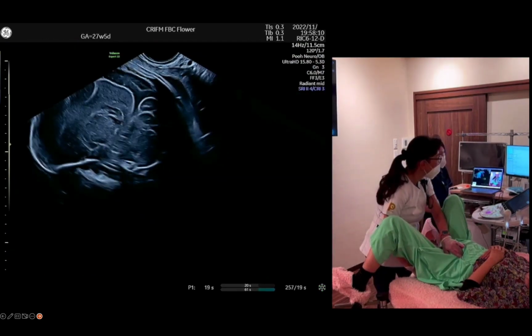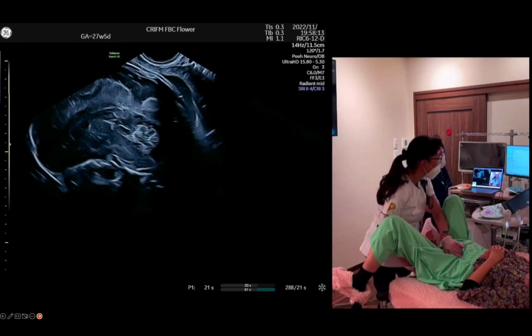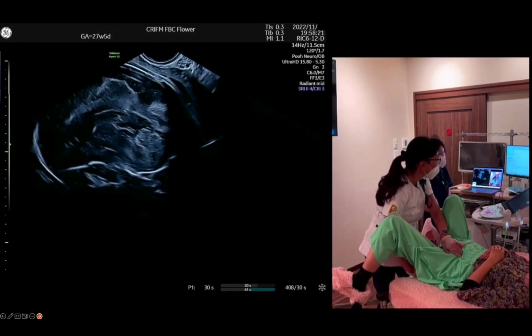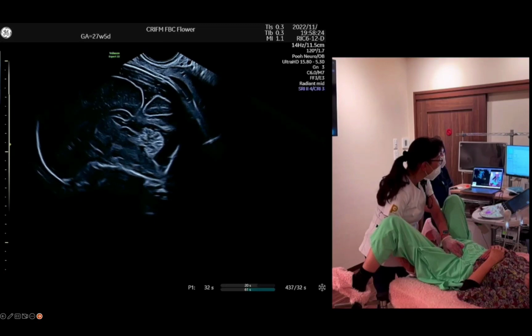But the good thing of scanning from the posterior part, I mean the scan via the posterior fontanelle, is that you can see nicely the cerebellum and the brain stem as shown here in the mid-sagittal section.